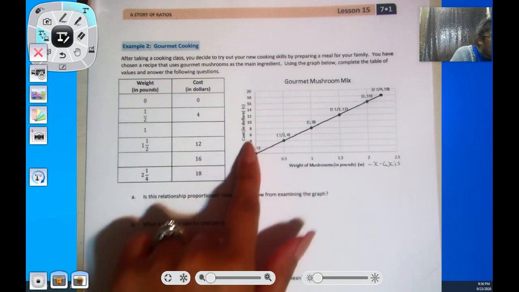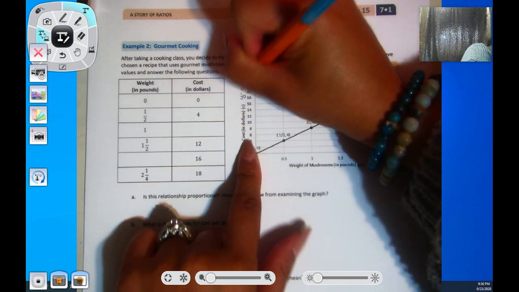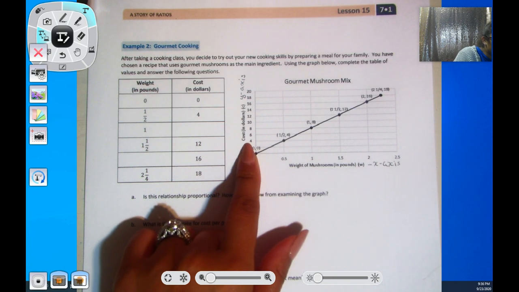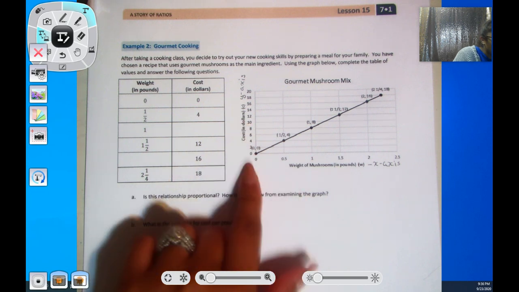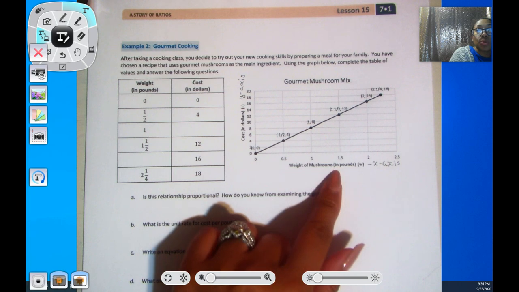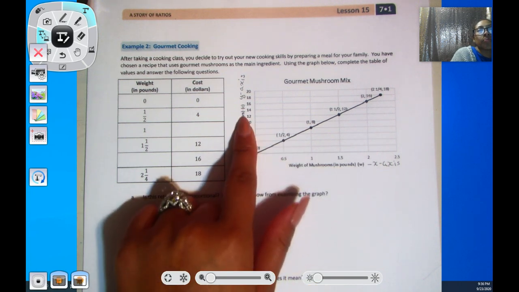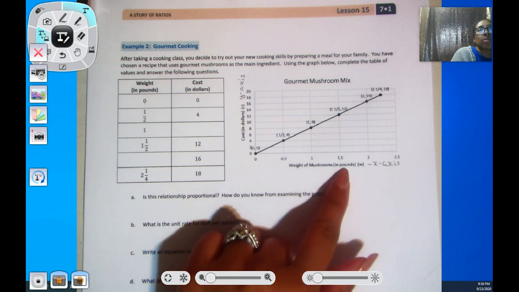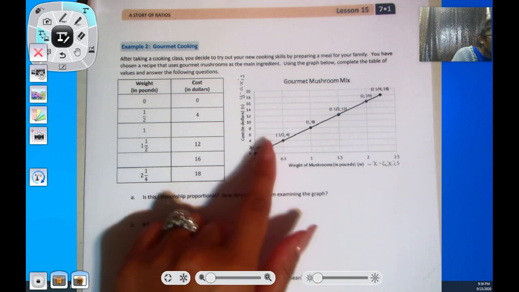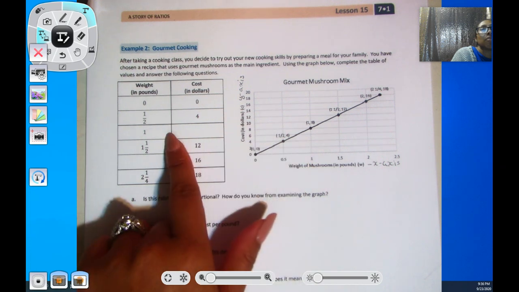Along the y-axis, my vertical axis, it says the cost in dollars. So we're looking at the relationship between the weight of mushrooms in pounds and their cost in dollars. I want to use this information in the graph to help me finish filling out the table.